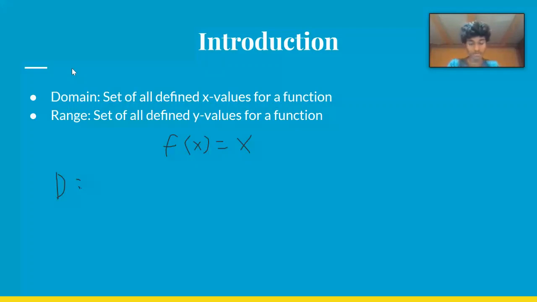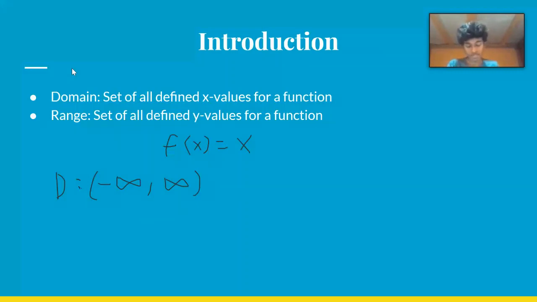If you think about it, the answer is all real x values. Any x value you put in, you'll get an output, which is just itself. So our domain is all real numbers, or negative infinity to positive infinity.